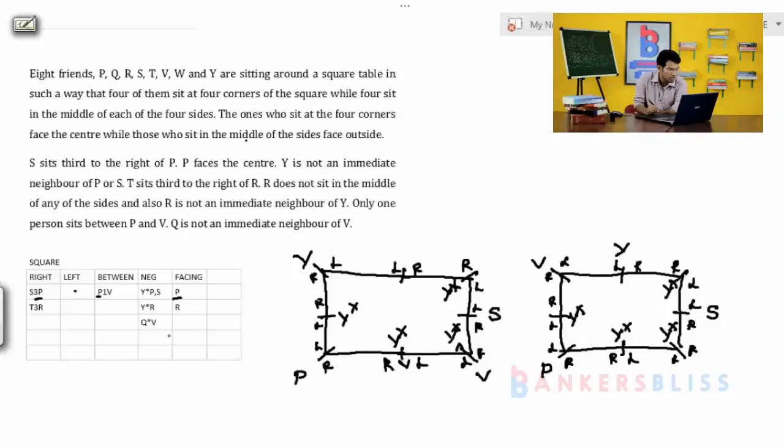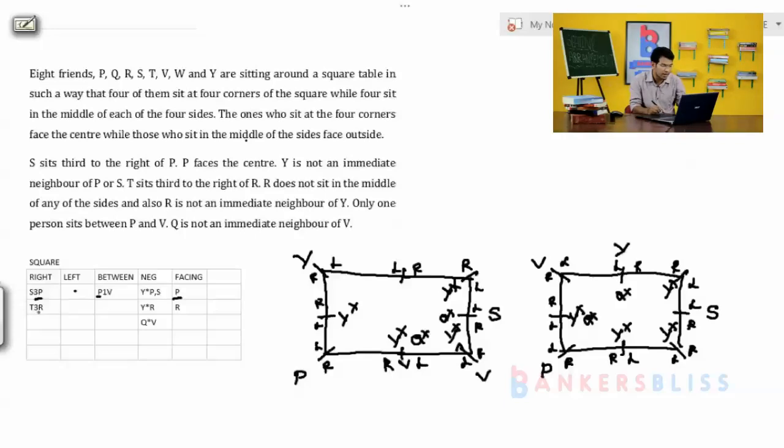After that, what will we do? Simple. V's relative statement: V is not a neighbor of Q. It means Q does not come here, Q does not come here, and Q does not come here. After that, look at one more statement.